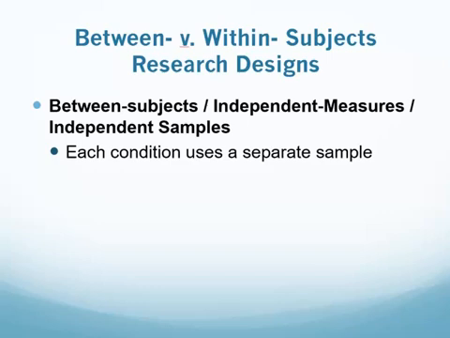So in a between subjects design, or an independent measures design, or an independent samples design, right, because they're all the same, participants take part in either the experimental condition or the control condition, but not both, right? So a different group of participants is used in each condition of the independent variable.